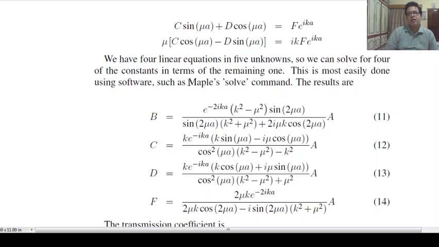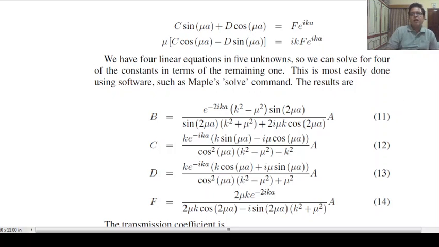If you write programs in Maple, Mathematica or MATLAB, it is very easy, and you can easily solve this theoretical analysis by changing the different variables.